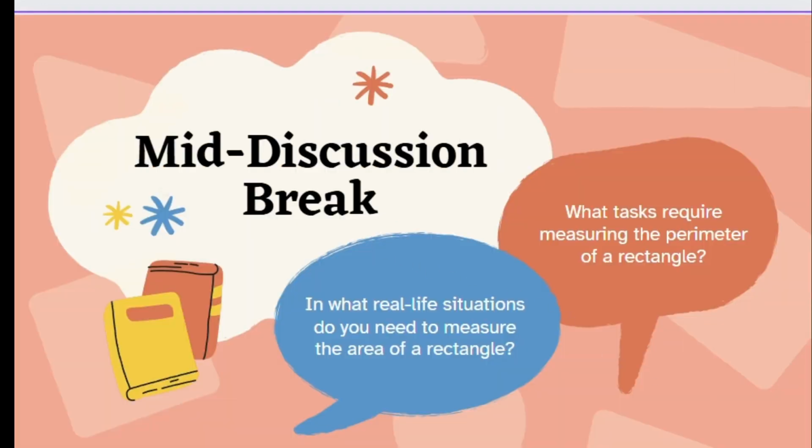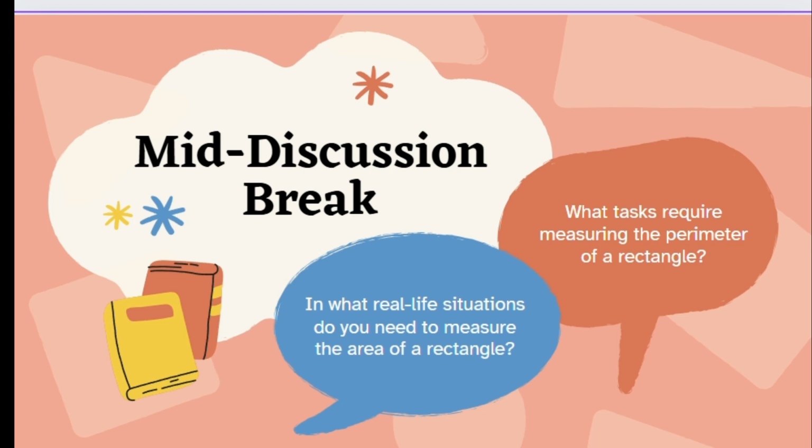Now we will do a mid discussion break. What tasks require measuring the perimeter of a rectangle, and in what real life situation do you need to measure the area of a rectangle? If I am asking you what tasks require measuring the perimeter of a rectangle, you just have to put the formula there, that is 2 multiply l plus b. You can find the perimeter of a rectangle.